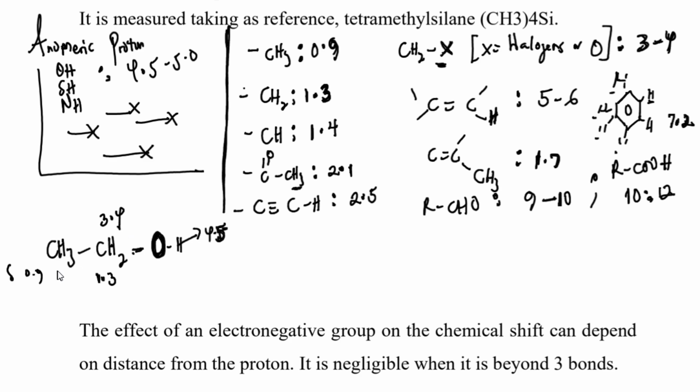And for this one was 0.1 initially. So will this oxygen here affect the protons here? For you to answer that, you need to draw it this way to check the number of bonds. If the bond is beyond 3, then the oxygen will not have an effect. But if it's still within 3, it will have an effect. So we have C, H, H, and we have OH, right?